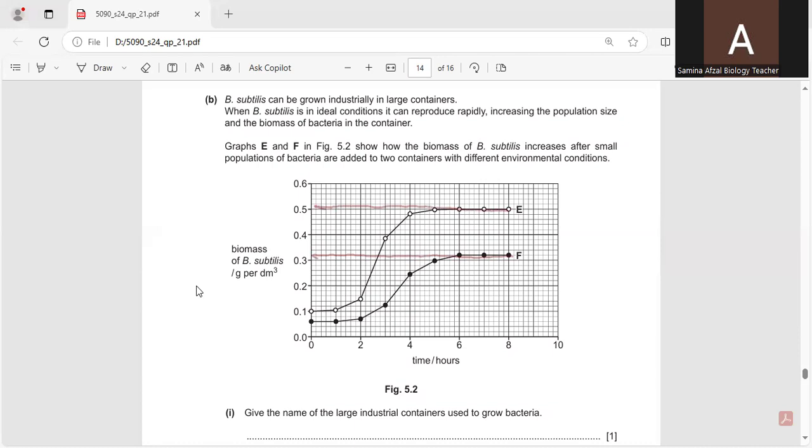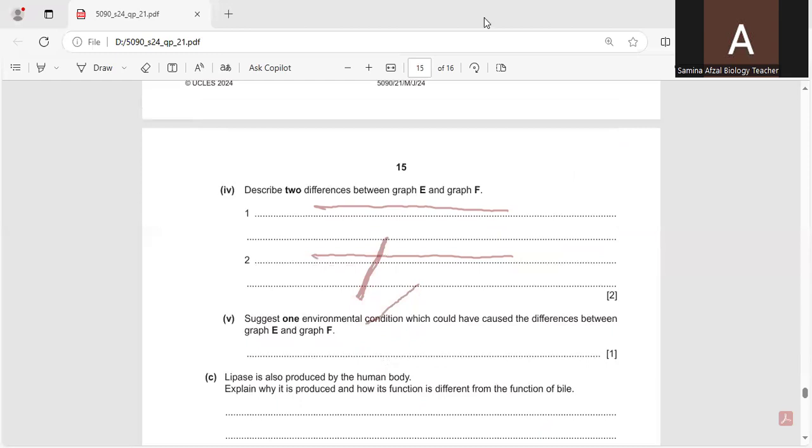So graph E shows the higher biomass and F shows the lower. It's quicker, its movement is quicker, you can say. It has shown faster movement as compared to graph F. So these are the two differences which can be written in the given space, and we are moving towards that space to write this answer after observing it from the graph.